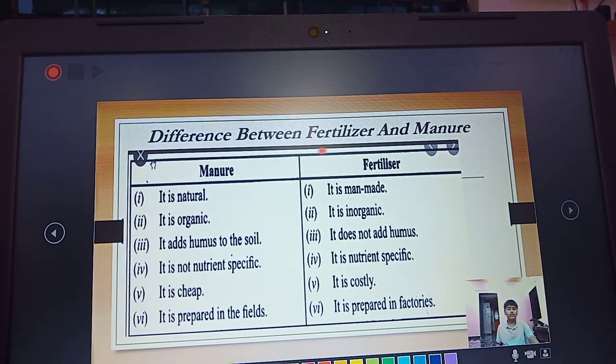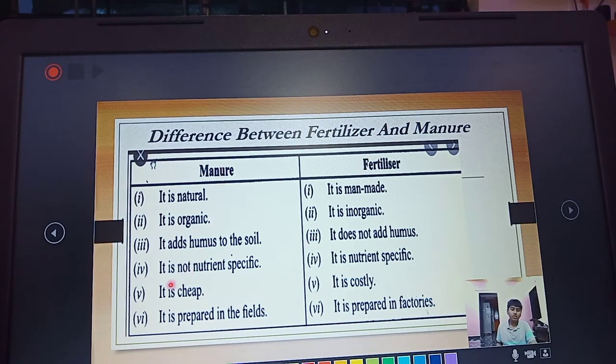Now let's see the difference between fertilizers and manure. So first of all, manure is natural, fertilizer is man-made. Manure is organic in nature, whereas fertilizer is inorganic in nature. Manure always adds humus to the soil, whereas fertilizer does not add any humus.